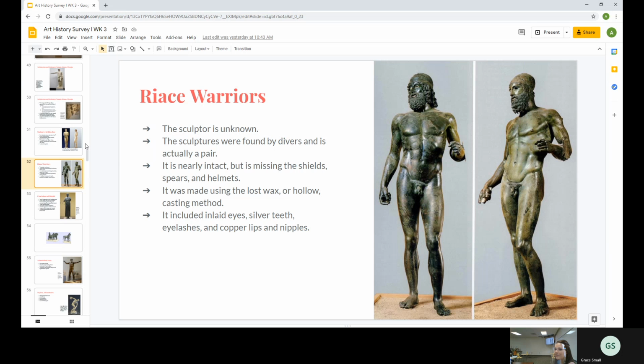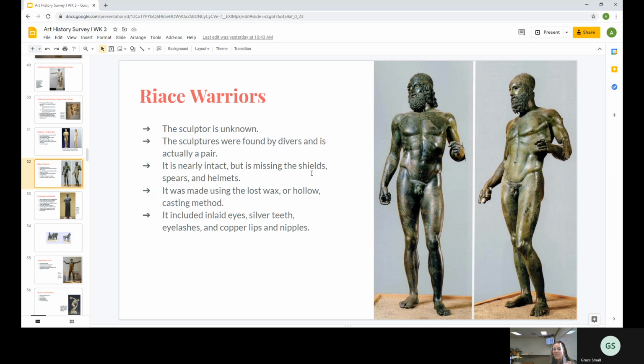The sculptor is unknown. They were found a while ago underwater by a bunch of divers, so they had to be restored because barnacles. Yeah, and this is them restored. They were made of bronze. There's some fun stuff here, using the lost wax casting method.